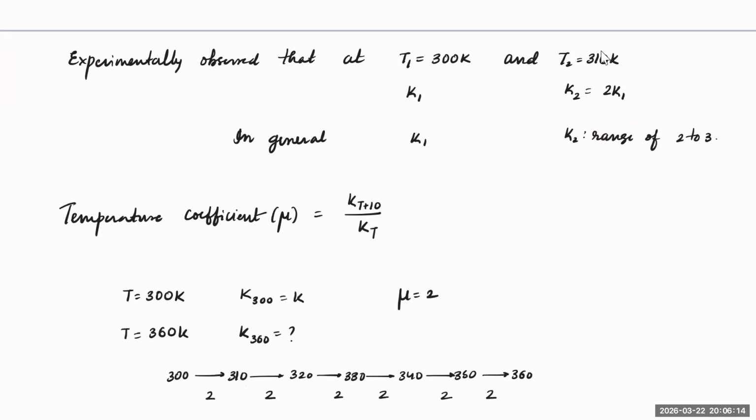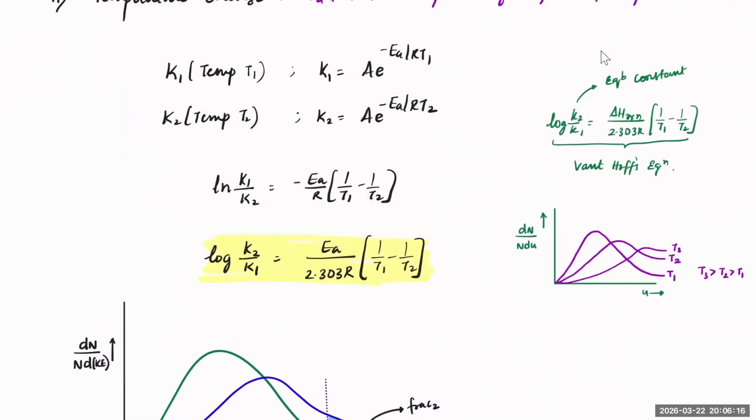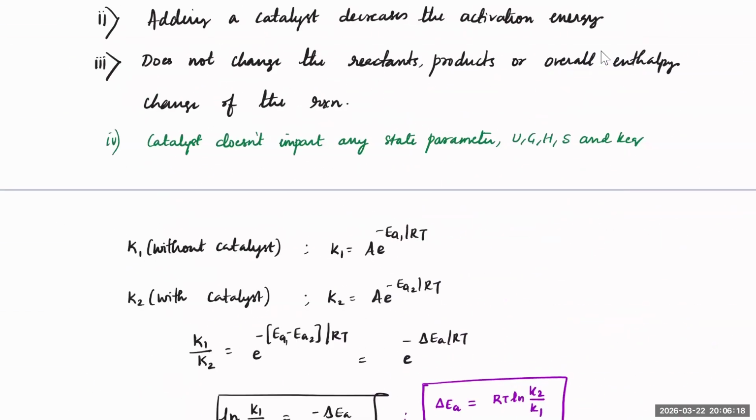In the last class we discussed how the Arrhenius equation, which was empirically derived, was identified for the rate constant. It has two important parameters. One is the pre-exponential factor. The other one is activation energy.